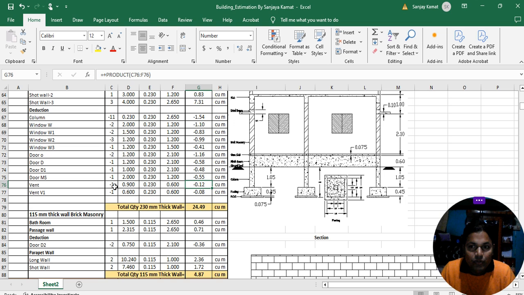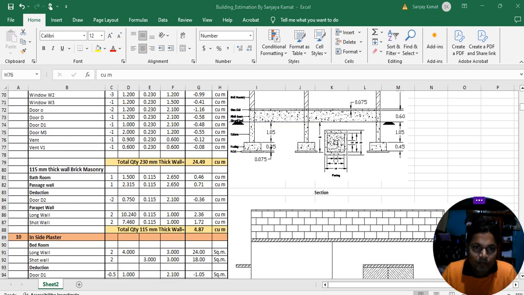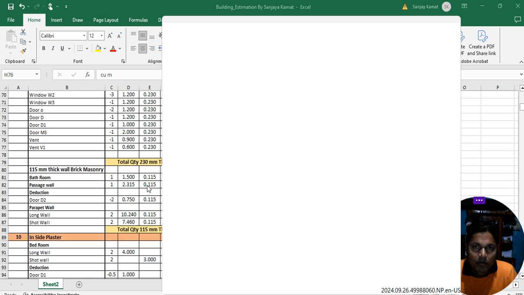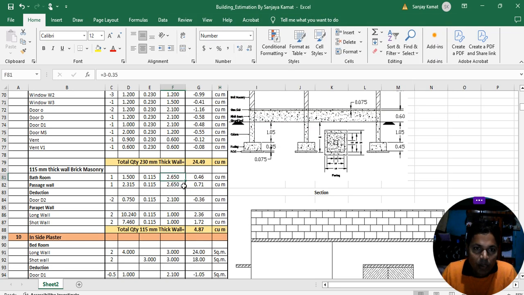Once you know the 4 values, length, breadth, depth and number, multiply each term. After multiplying, press the equals sign, and you will get 0.12 cubic meter. See, 0.12 cubic meter. See, still it is not open.